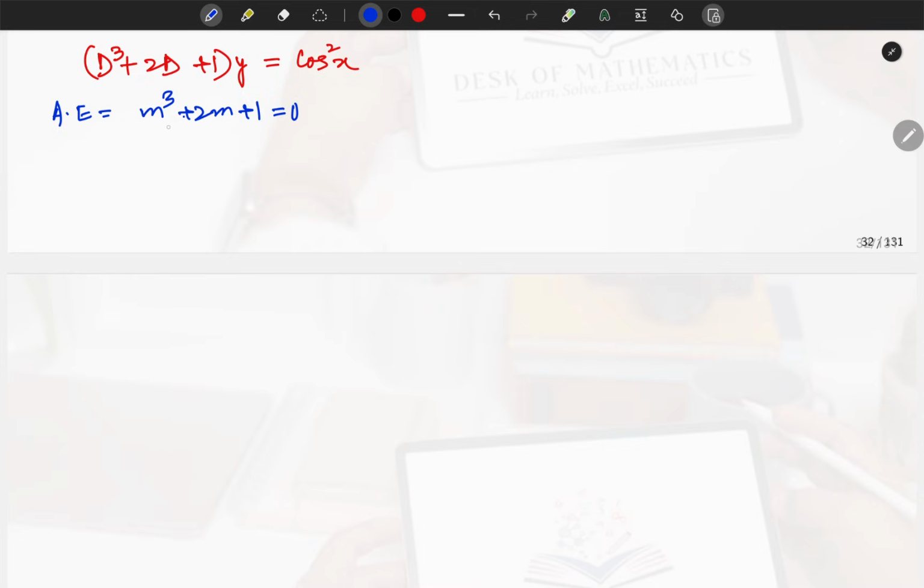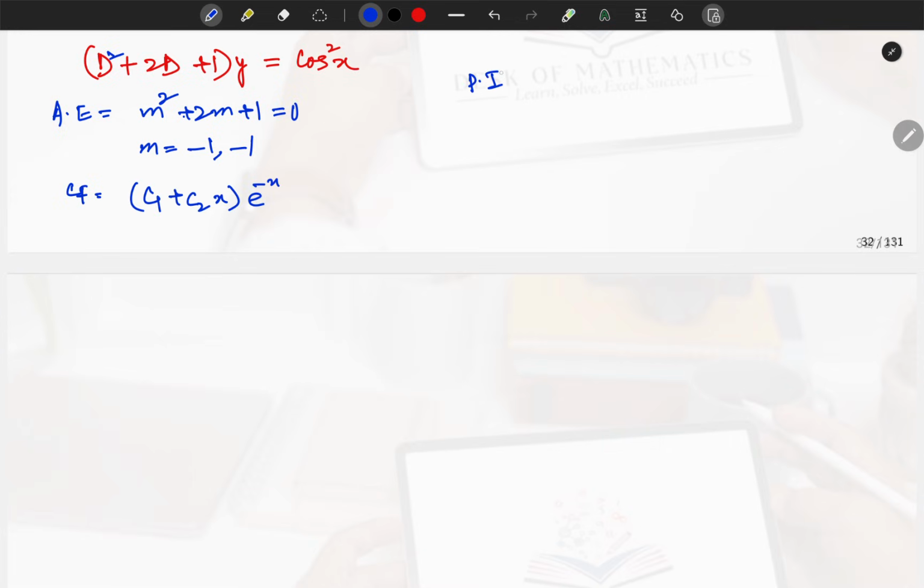So again by hit and trial method you will get m, or you can just make it a square, it will be easy. So by the quadratic formula you will get m is equal to minus 1, both real and equal. So the complementary function will be c1 plus c2 x, e raised to the power minus x.